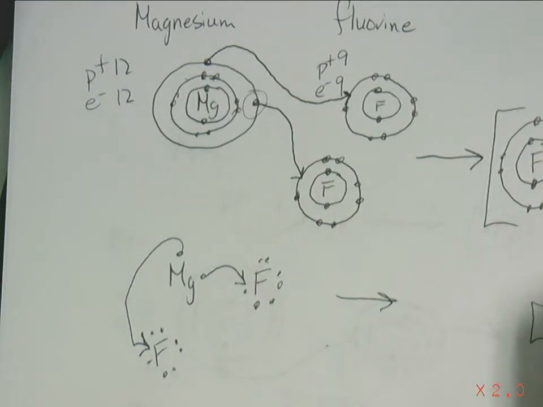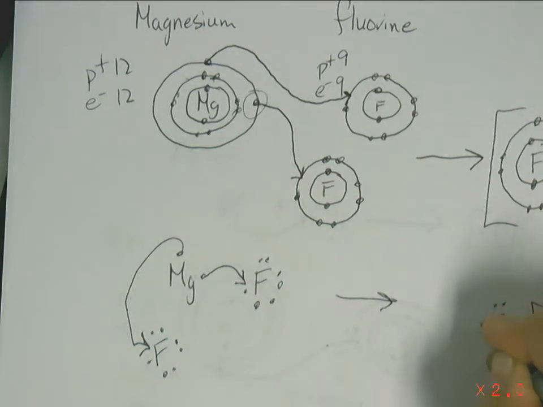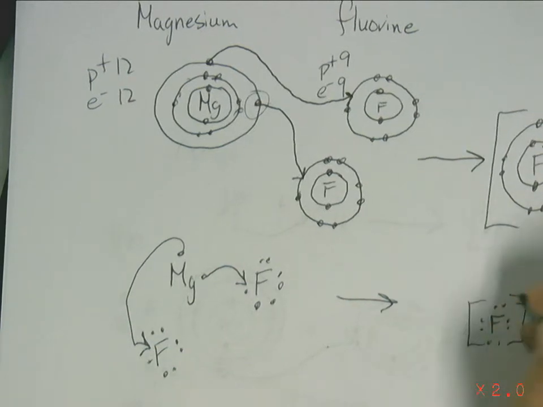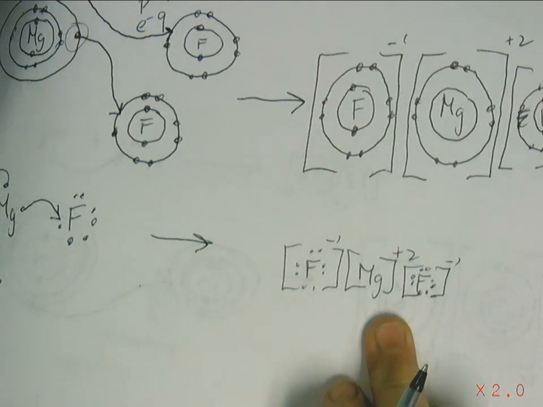Now we have a +2 magnesium ion very strongly bonded to 2 fluorine ions to make magnesium fluoride in the Lewis diagram.